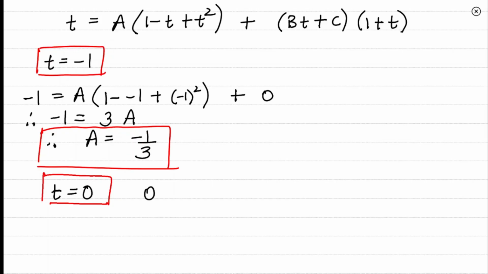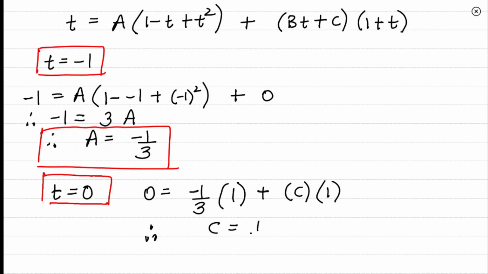So you can say 0 is equal to minus 1 by 3, which is the value of a here, times 1, this is 0 and 0, so you can just leave it. Plus, since t is 0, this will become 0, and you will get c times 1 plus 0, which is nothing but 1. So if you simplify this, you will get the value of c is equal to 1 by 3.